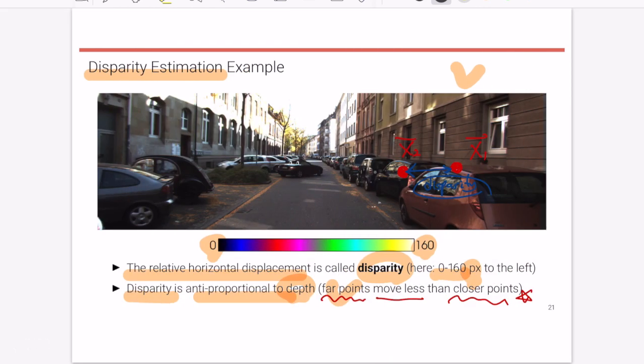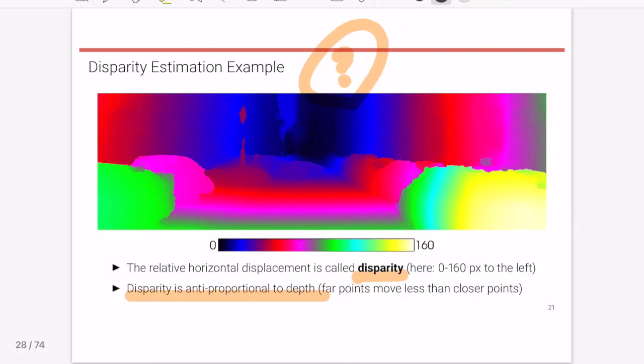The disparity estimation problem is the disparity between pixels in the left image and the corresponding pixels in the right image, in just the x direction in these images. Okay, so yeah, this is a colored disparity map.